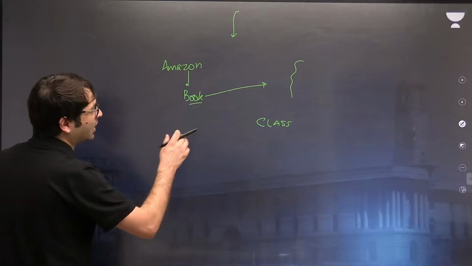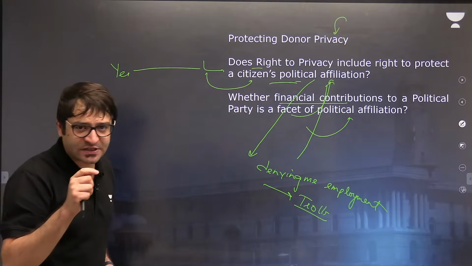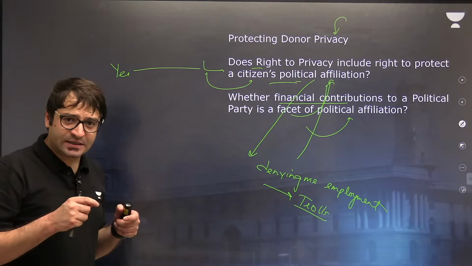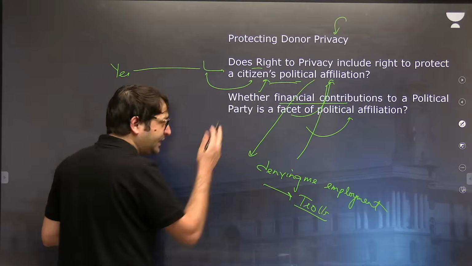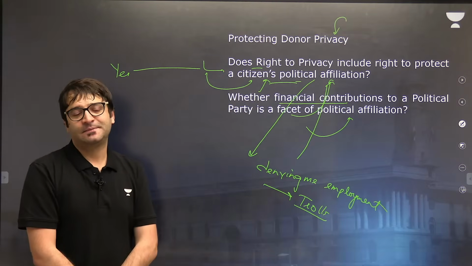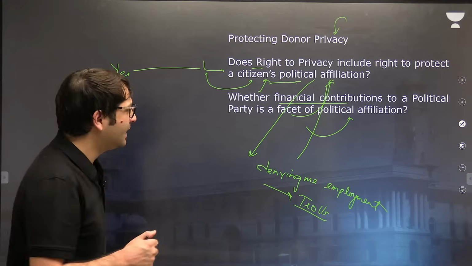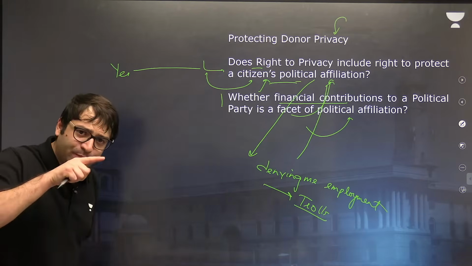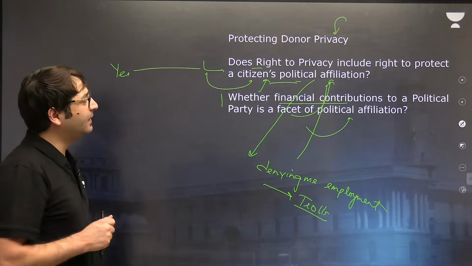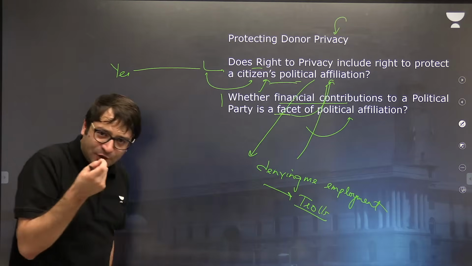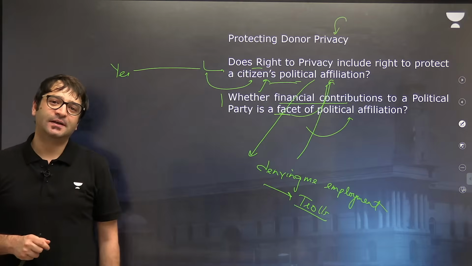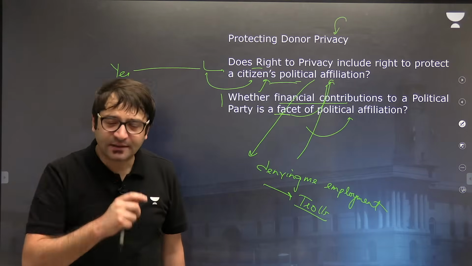So long story short, does right to privacy include the right to protect citizens' political affiliation? Yes. But now the second counter question is whether financial contributions to a political party are a facet of this political affiliation, which you can't disclose either.